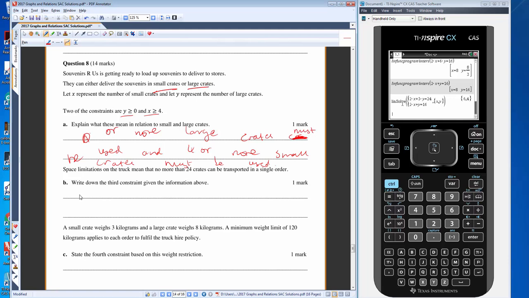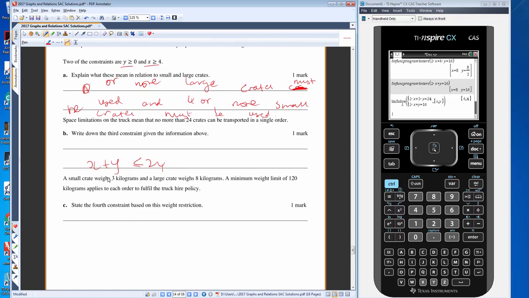Alright, so space limitations on the truck mean that no more than 24 crates can be transported in a single order. Okay, so write down the third constraint. That is the classic x plus y is less than or equal to 24. So the number of small and large crates added together has to be less than or equal to 24. A small crate weighs 3 kilograms and a large crate weighs 8 kilos.